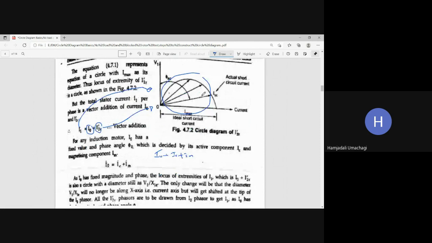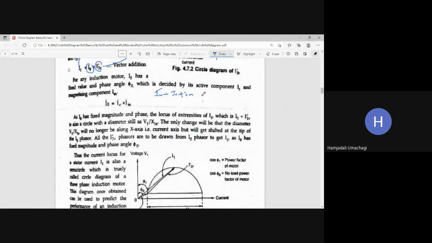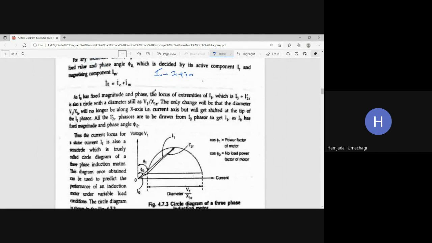If we consider both these things, then this circle diagram will change with some slight modification. Now let us see what that modification is if I consider I naught here. The locus of the extremity of I1, which is I naught plus I dash 2R, is also a circle with diameter still V1 by X1e.